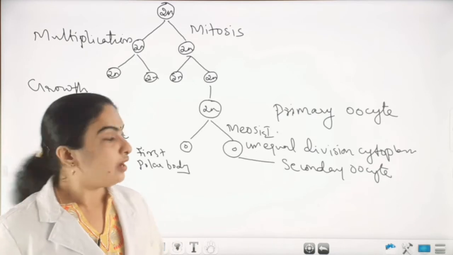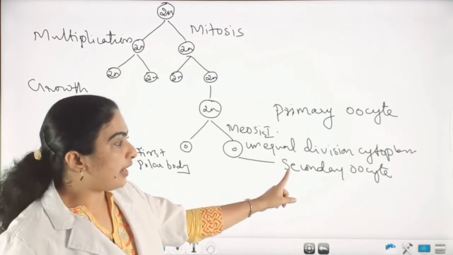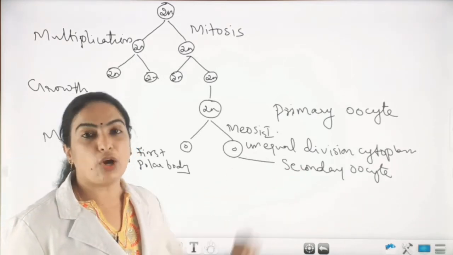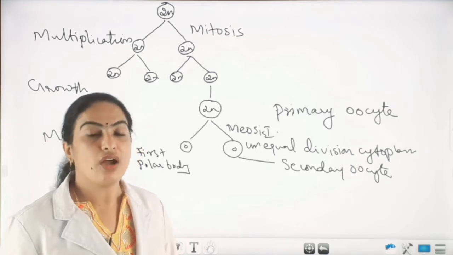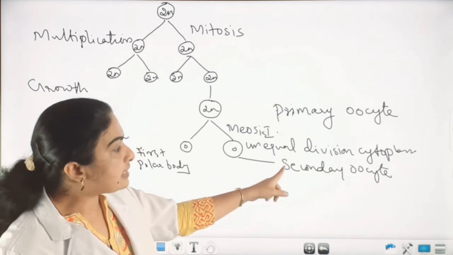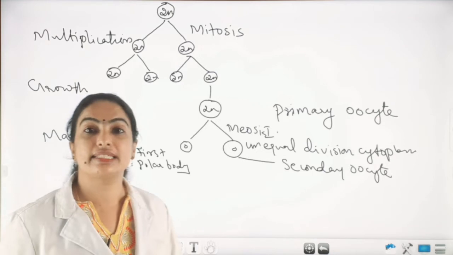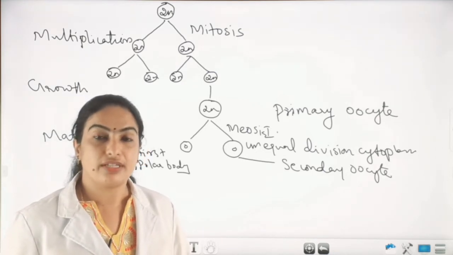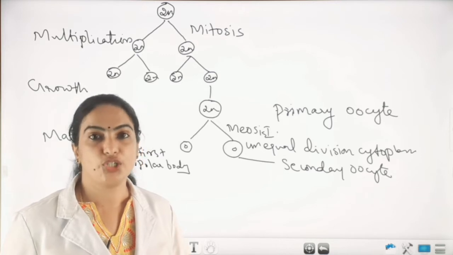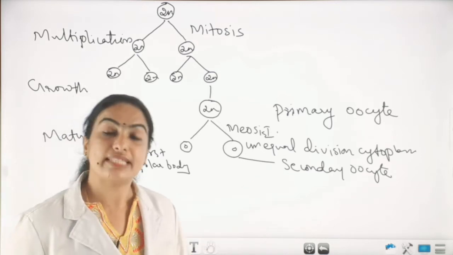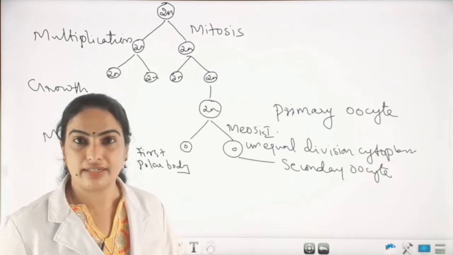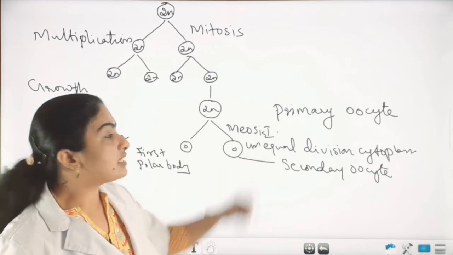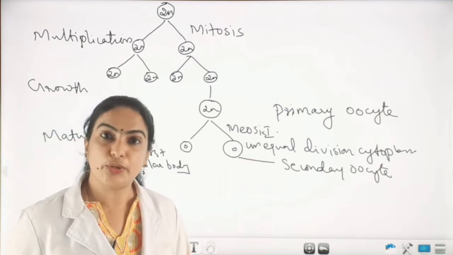Is it clear? Once more, the secondary oocyte is released from the ovary, and that process is known as ovulation. And this secondary oocyte is placed there in the fallopian tube. If sperm enters into the fallopian tube, it undergoes second meiotic division. Is it clear? So till then, the meiosis 1 is temporarily arrested.